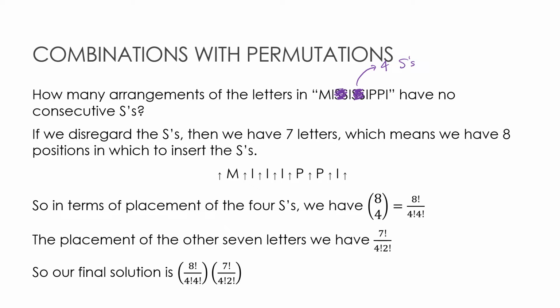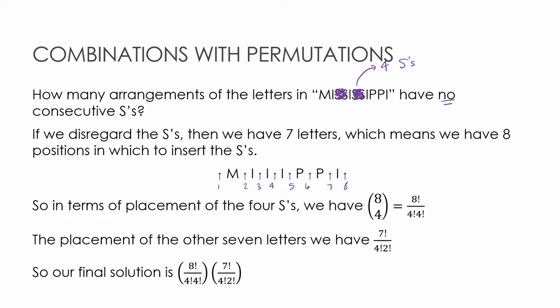And essentially each of those 4 S's I want to have some letter in between because I don't want to have any consecutive S's. So if you'll notice, I've taken the rest of the letters of Mississippi and I've said there's 1, 2, 3, 4, 5, 6, 7, 8 different positions where I can put the S's, and any of those positions would be okay.